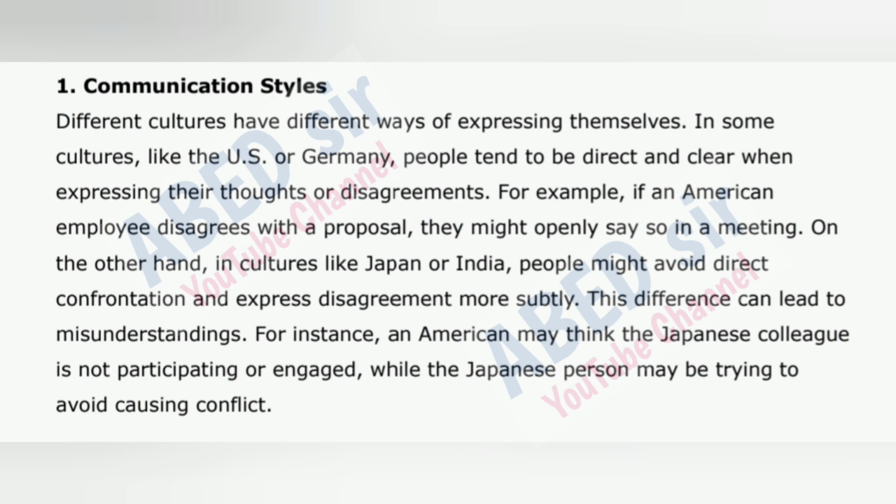On the other hand, in cultures like Japan or India, people might avoid direct confrontation and express disagreement more subtly. This difference can lead to misunderstandings. For instance, an American may think the Japanese colleague is not participating or engaged, while the Japanese person may be trying to avoid causing conflict.